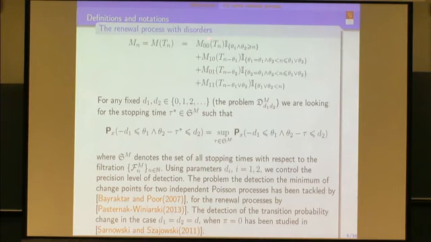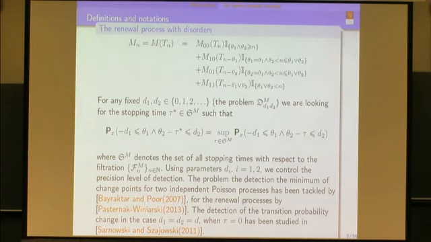In some moment, which is the minimum of these two moments, tau 1, tau 2, the first change or disorder appeared, and the second disorder appeared in the next moment.